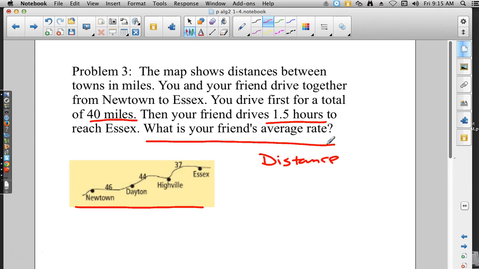And there it is. How am I going to get something in miles with the information they gave me? Oh, cool. They gave me one. You drove 40 miles. Excellent. You weren't the only person that drove, were you? Okay. Your friend drove.